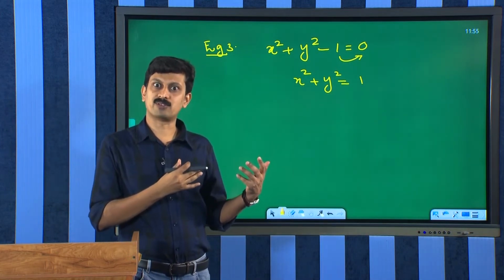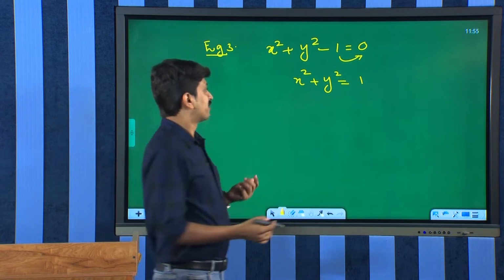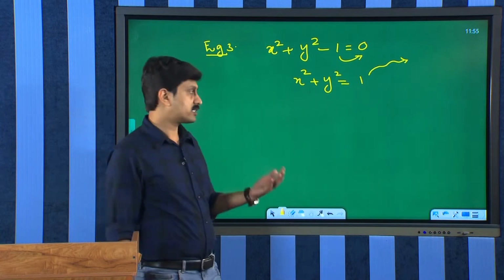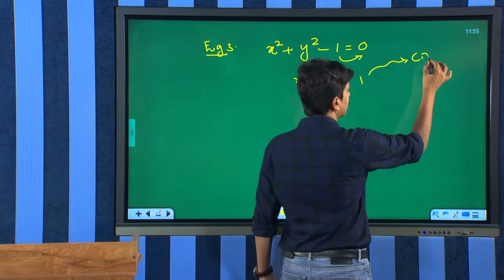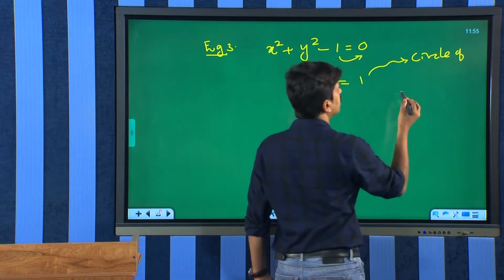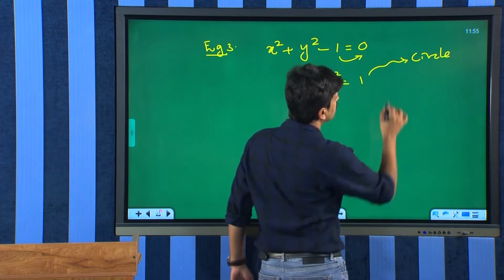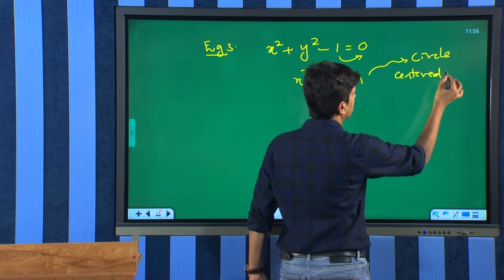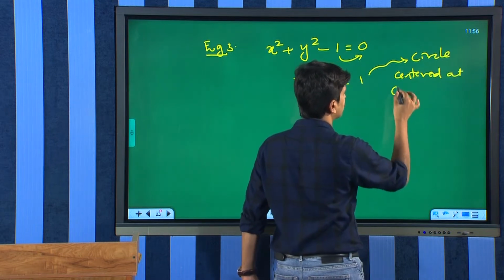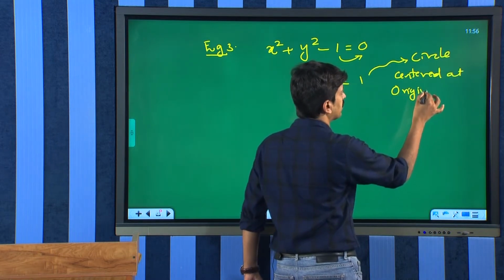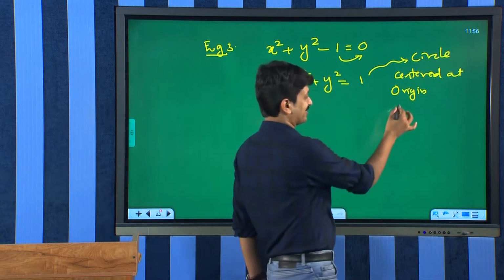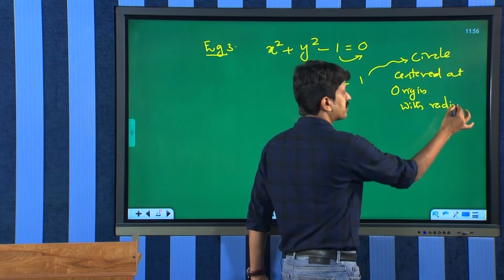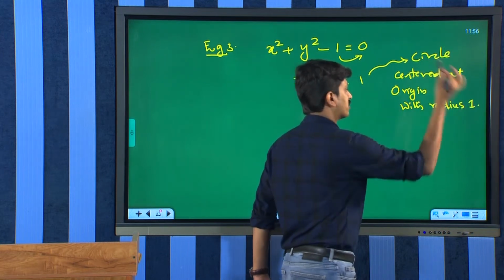You may go back to your early classes. From the 10th standard onwards, you understood about this curve. This is the equation of a circle centered at origin with radius 1, which is a unit circle.